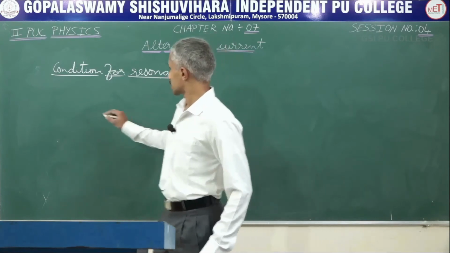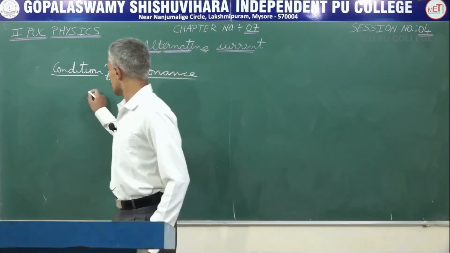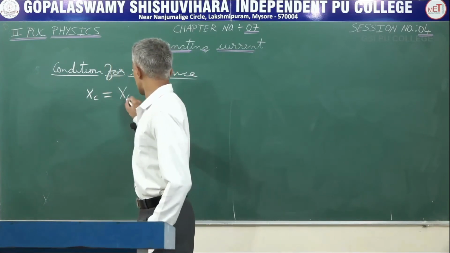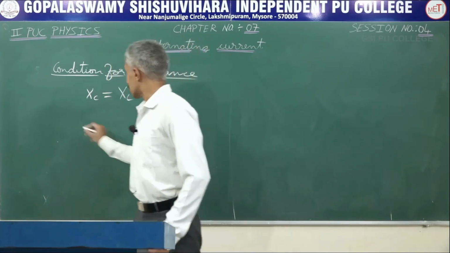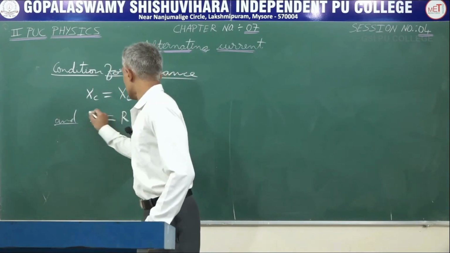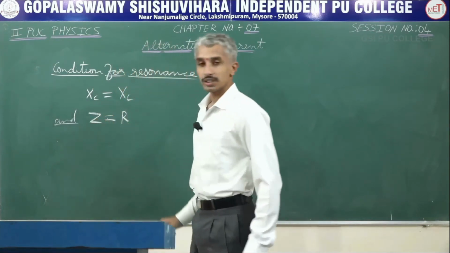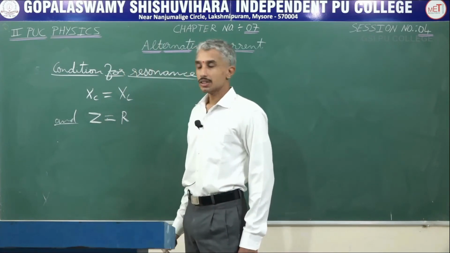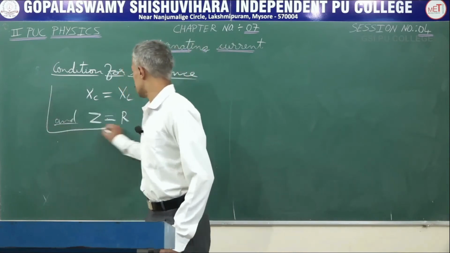In a series LCR circuit, the condition for resonance is that capacitive reactance should be equal to inductive reactance, and the impedance in the circuit is going to be equal to the resistance R. So this is the condition for resonance in a series LCR circuit.